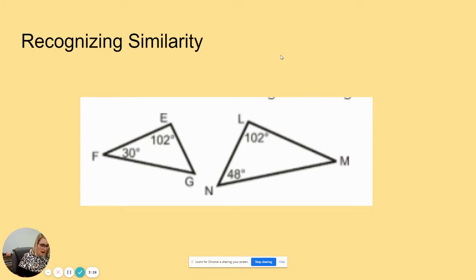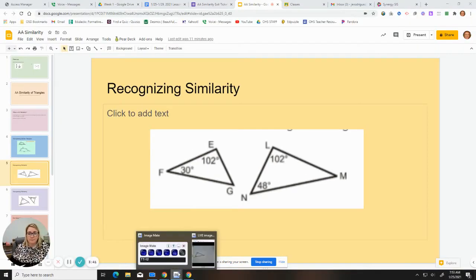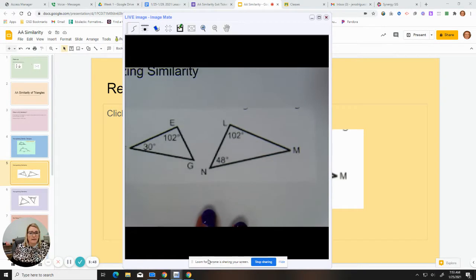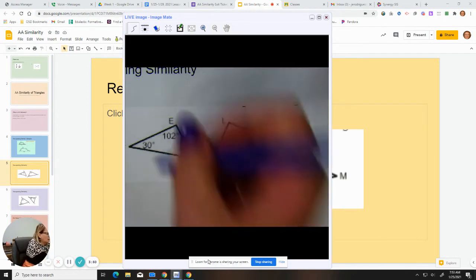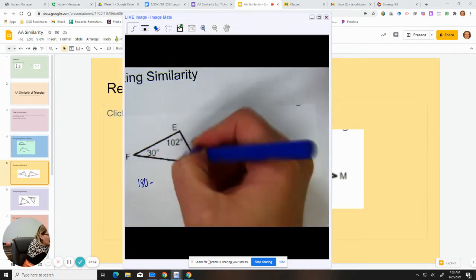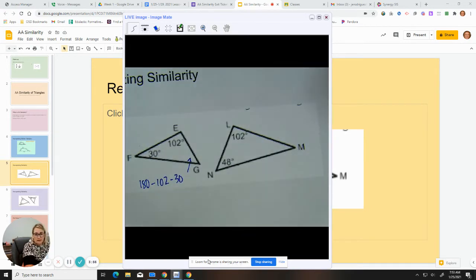So let me grab this one and pull this up for you on my screen over here. All right, so we know that triangles are 180 degrees. And so by taking 180, subtracting 102, and subtracting 30, we should know what this angle is.